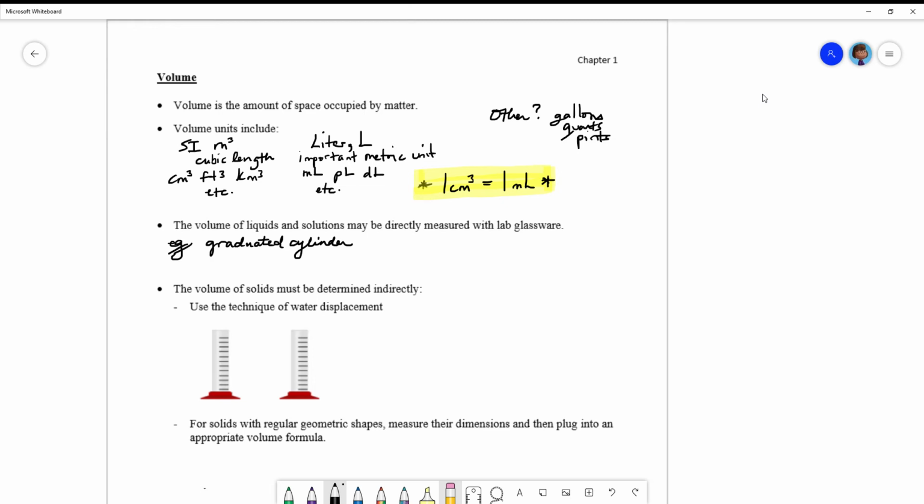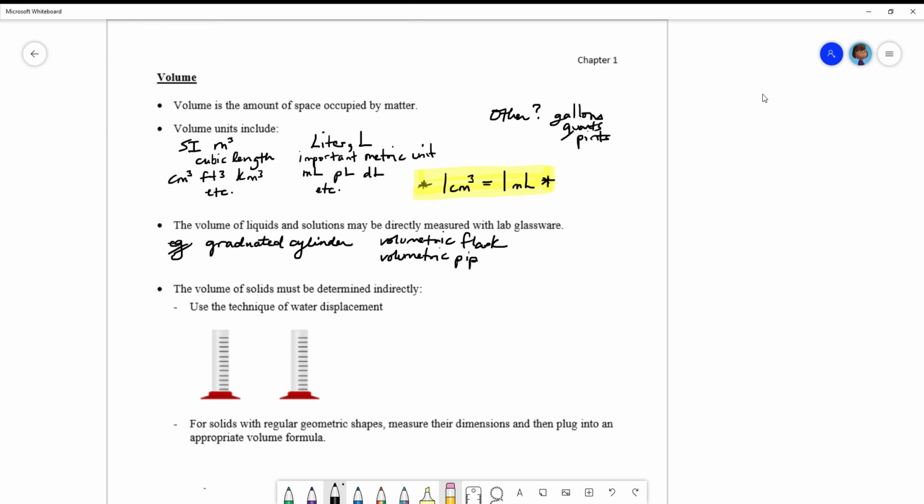But unfortunately, we don't have that right now. But there are other items that are used to measure liquid solution volume directly, and you may have heard of some of these. For example, a volumetric flask is a very useful device to measure liquid and solution volume, and a volumetric pipette.